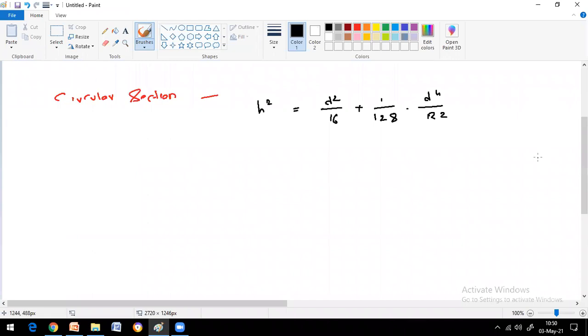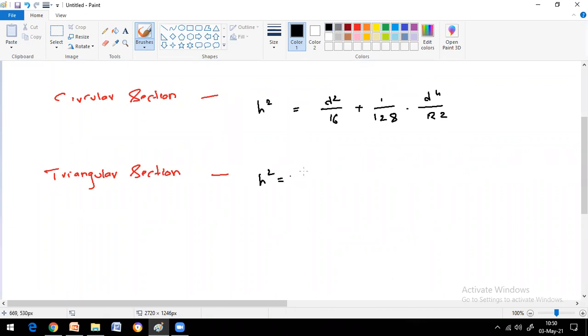And the next one, a curved beam having a triangular cross section.